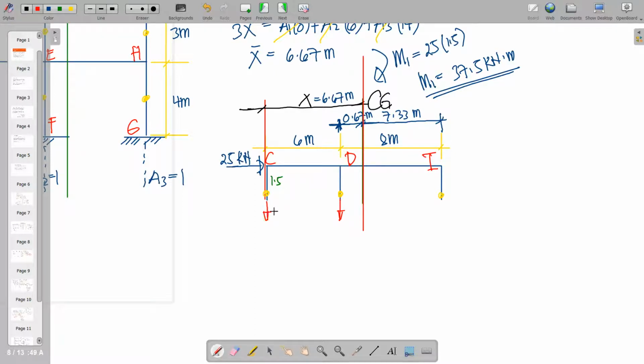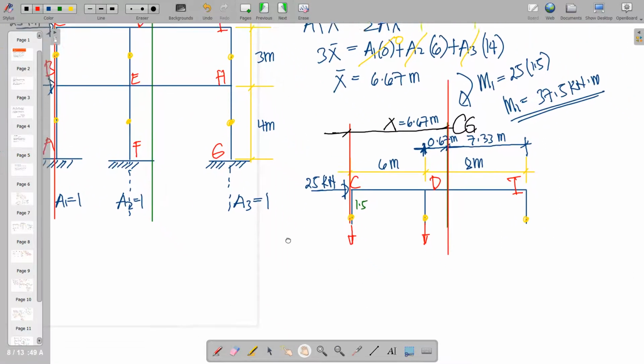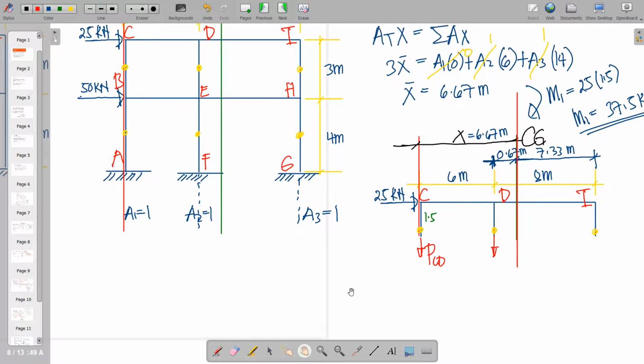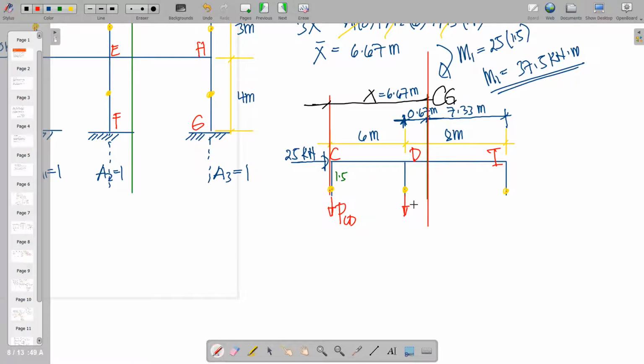So this must be going downwards. This is PCB, and this is PDE.